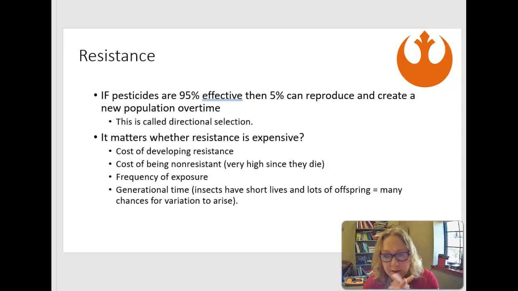What is happening? Well, essentially, they're evolving. Because we're taking out everybody, the only ones left are the ones that are resistant, and they're breeding with each other. You also notice from your book question, the concentration goes up over time just to kill the same amount because you're breeding resistance.